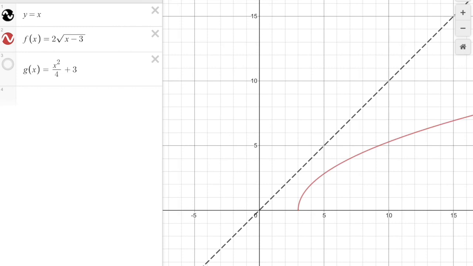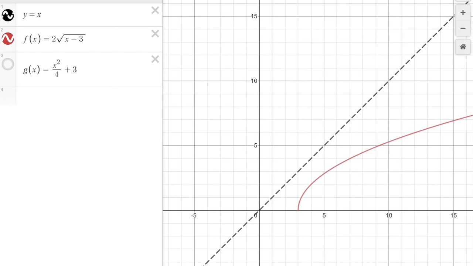Notice that our y values don't go past 0. Anytime that you plot a square root function, we talked about this earlier in the chapter, it looks kind of like a half sideways parabola. It's not, because it hasn't been translated up or down, it never crosses the x-axis. So it looks like I can plot a point at (3, 0), and I can also plot a point at (7, 4).